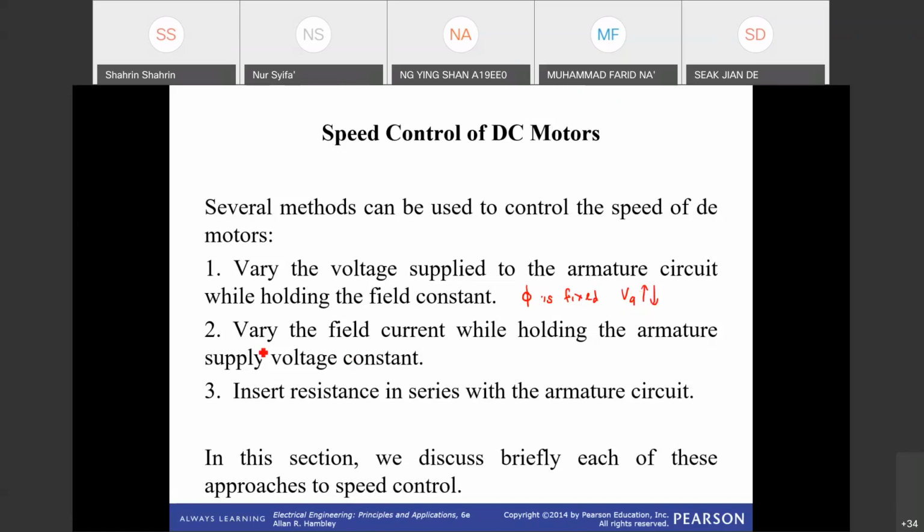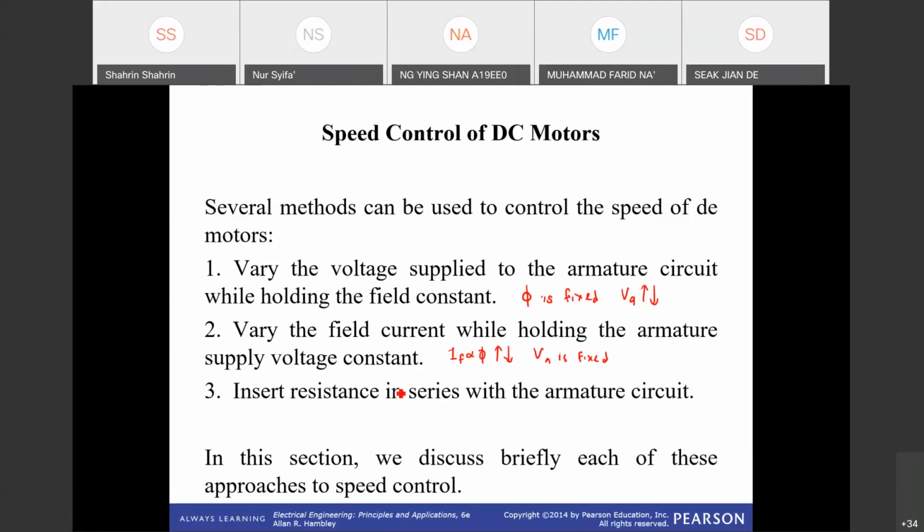The second method is by varying the field current. We know IF is proportional to flux, meaning that the flux is varied but the armature voltage is fixed. So you change the flux by changing the field current.